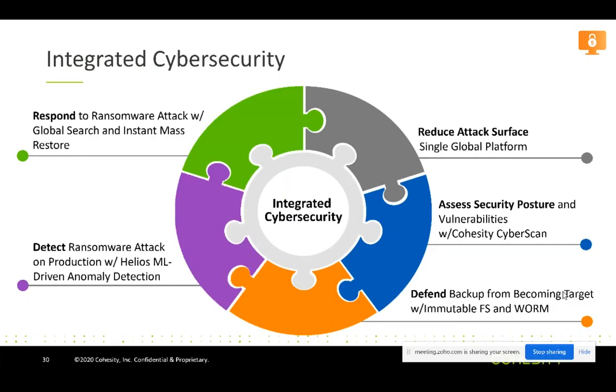So we reduce the security attack surface, and we help with the assessment of the environment security measures, and we defend your backup data. We detect in case anything is happening, and we respond after the thing happens as well, right? This is the 360-degree security view in the Cohesity platform.